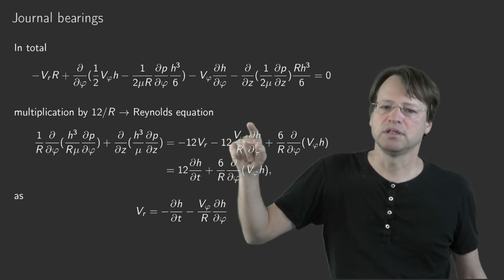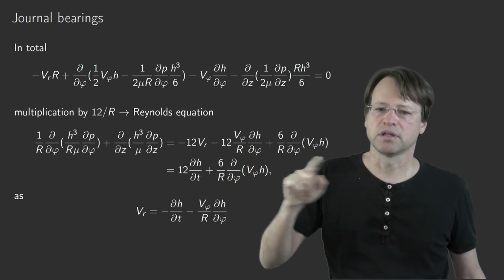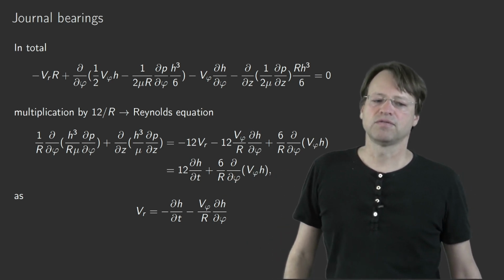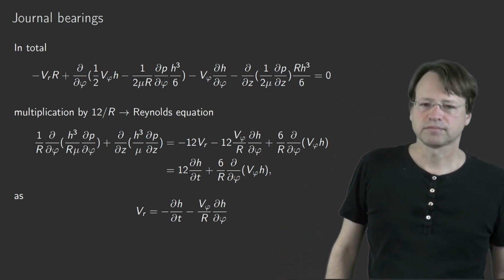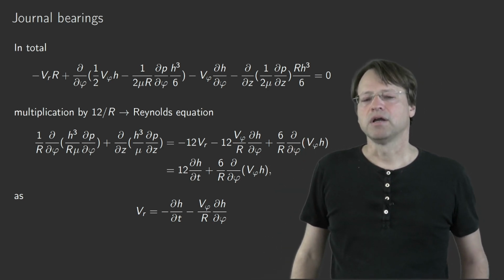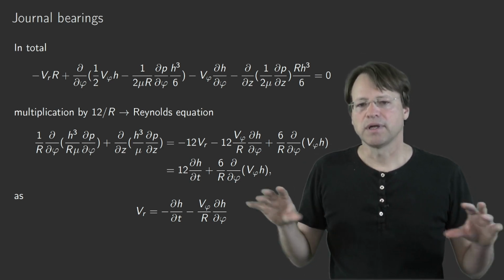So we drop the second term, and we just copy the last term, which is 6r d by d phi v phi h. And then we can replace v sub phi by omega times R, and this would then be the Reynolds equation.